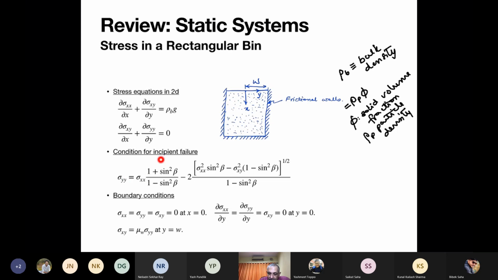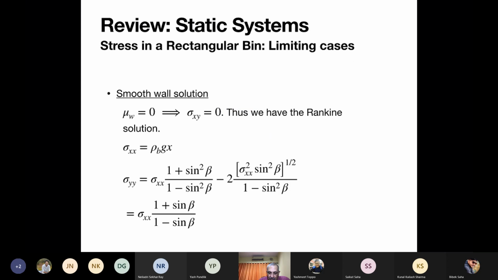And then we can simplify this equation by putting sigma xy equal to 0. So then you have this by integrating the x stress balance, and then the incipient failure condition just becomes this, because the sigma xy term goes to 0.